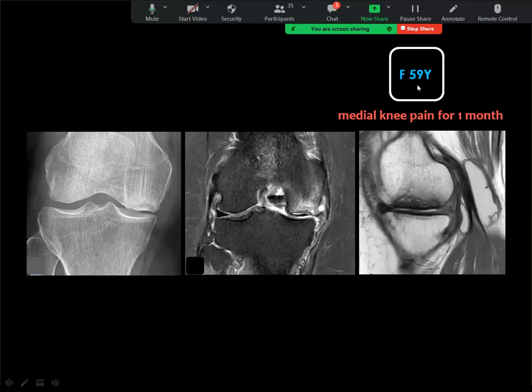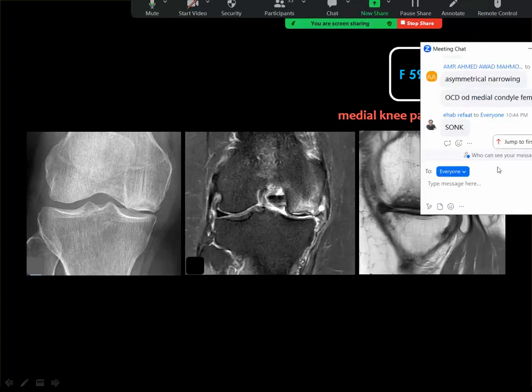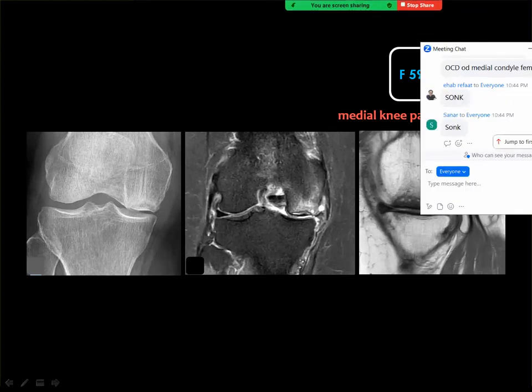Then this is a female patient, 59 years old, with medial knee pain for 1 month. And this is X-ray of the knee, MRI coronal STIR, and sagittal T1 weighted image. Yes, the answer is right, and this is SONK.